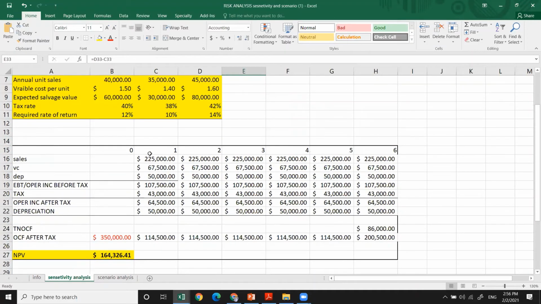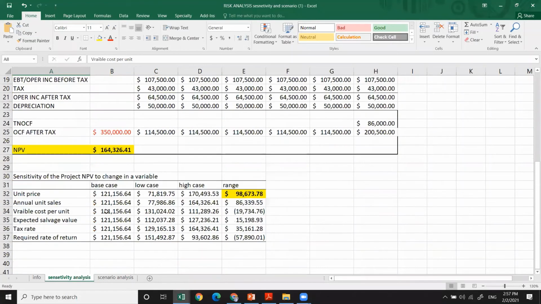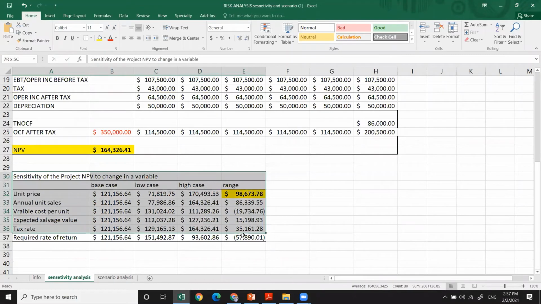So we repeat this for each variable, changing the variable cost per unit, like from 1.4 to 1.6, then expected salvage value, tax rate, and required rate of return. So we change them one by one. Other things are kept constant, ceteris paribus, and we construct this sensitivity table in order to see which variable is the most sensitive and which variable is the least sensitive.